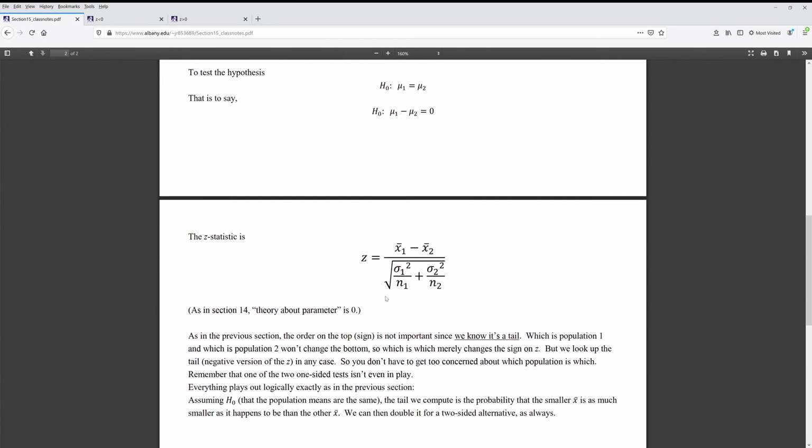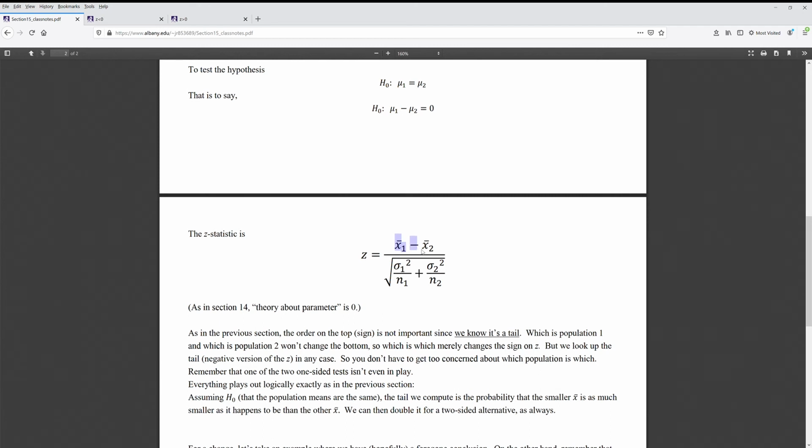Our test statistic formula is, as we've seen, statistic minus theory about parameter, minus 0, divided by standard deviation of statistic. So there it is. The z in this section is computed by doing x bar 1 minus x bar 2 divided by the square root of sigma 1 squared over n1 plus sigma 2 squared over n2.